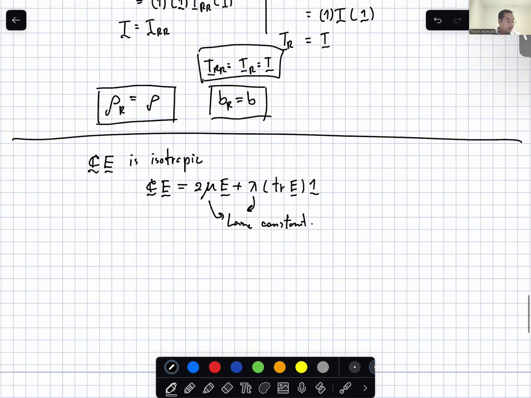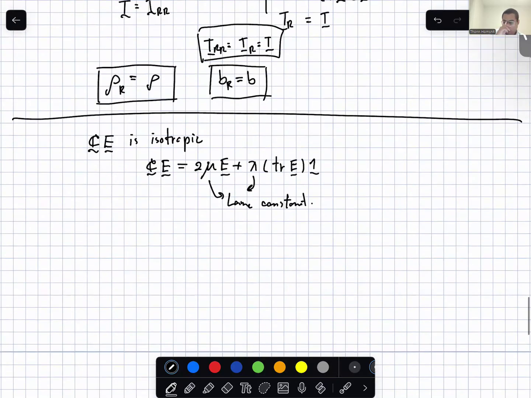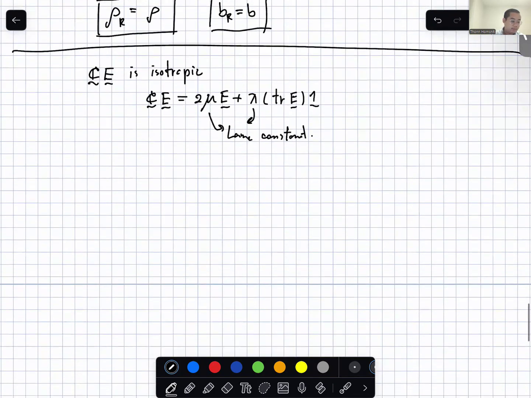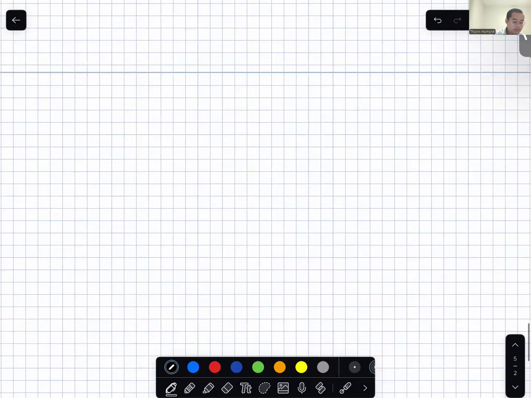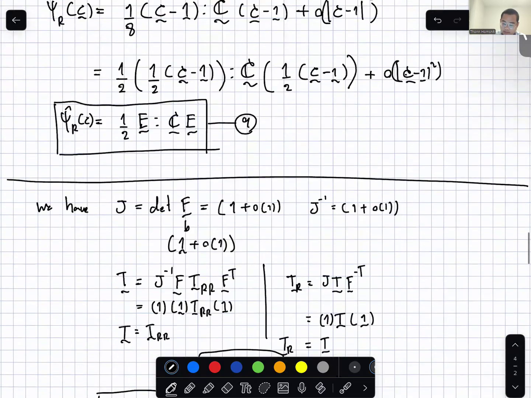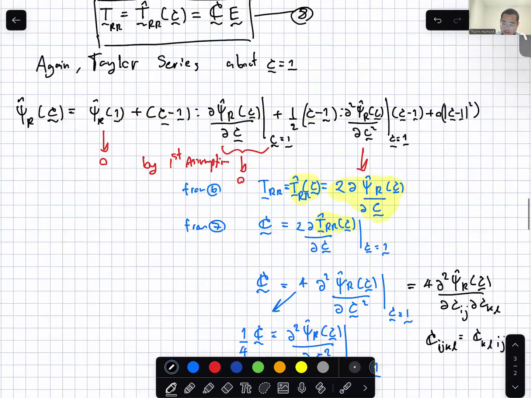Okay, so now we can assemble all the things that we have done before to write the first governing equation. We have to go back to equation number 8.